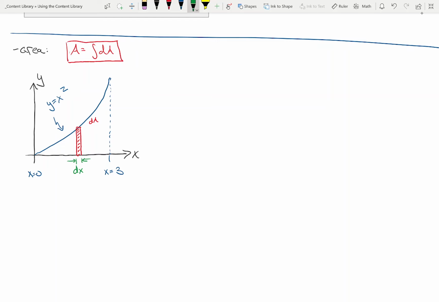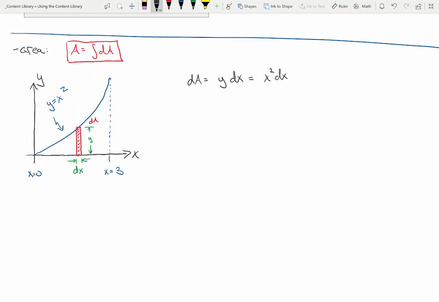Wasn't that the case? The width is dx, and the height of these things, what is the height? The height, we would say, is y, right? So would you agree that dA is just going to be y dx? Does this sound familiar to stuff that you did in Calc 1? Y'all seen this stuff before, right? Okay, and then y in this case is x squared, so dA is x squared dx. So far so good?